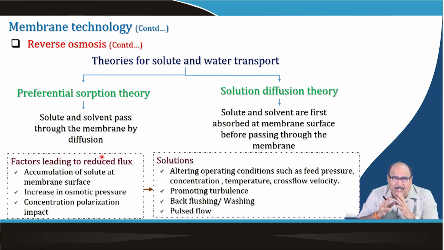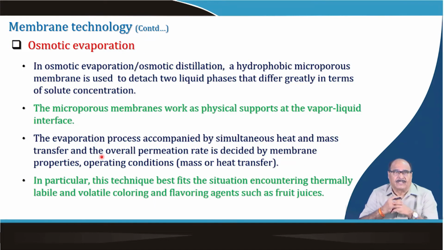What are the possible solutions? Altering the operating conditions such as feed pressure, concentration, temperature, cross flow velocity, or promoting turbulence, or back flushing or washing, or pulse flow, etc. Some of these are potential measures to increase the flux rate.